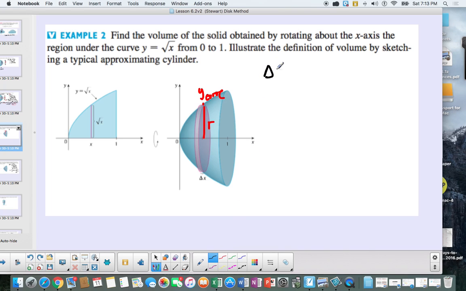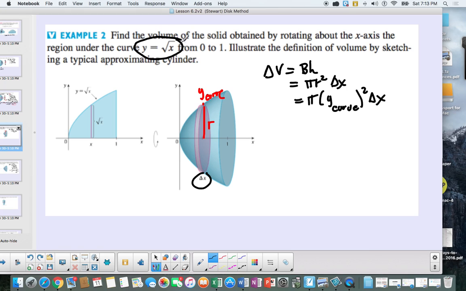So delta V will be equal to the area of the base times the height. This will be a circle, pi r squared, and the width right here is delta x. The radius is y of the curve, quantity squared, delta x, and here is my y in terms of x, so that's going to be root x, quantity squared, delta x.